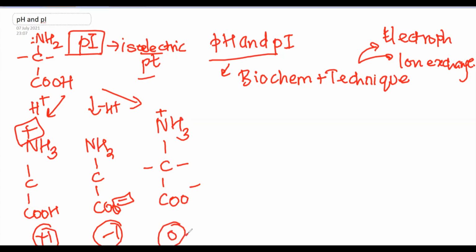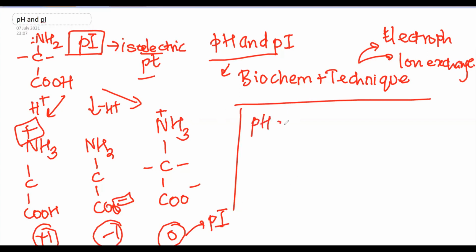And this point is called the PI, where the net charge on the amino acid is 0. Now, how is this related to our topic today? We need to understand that there is a correlation between pH and PI.